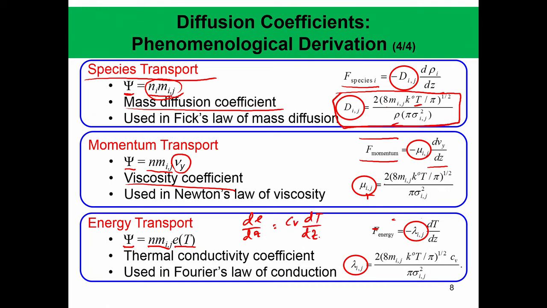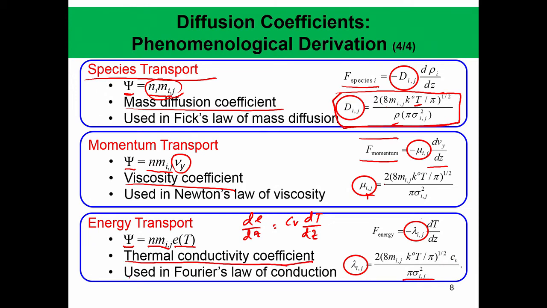So, dE is equal to Cv dT, we can use that one, and then we arrive at the energy flux equal to minus lambda ij dT dz. Lambda ij is nothing but (8 Mij kT divided by pi) to the power of half times Cv, divided by this term. Now, this lambda is not the thermal diffusion coefficient, it is the thermal conductivity coefficient.